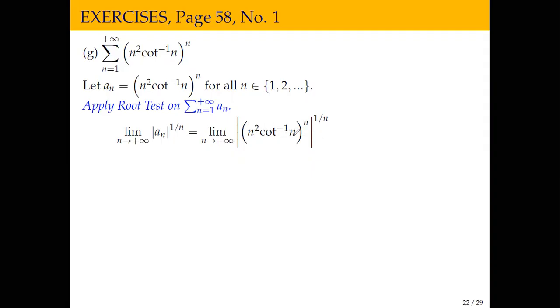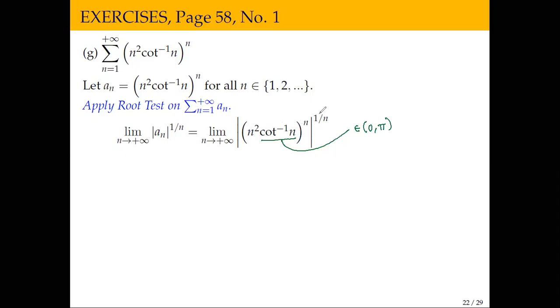The value of our arc cotangent of n ranges over the interval 0 to pi, so our arc cotangent of n is positive. So you have here a positive number raised to a positive number, that is positive. So its absolute value is itself.